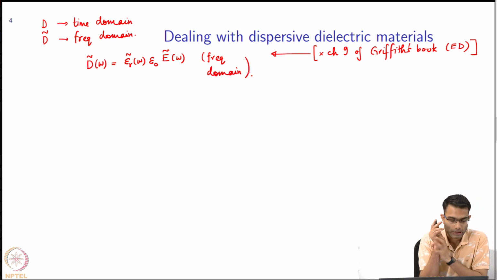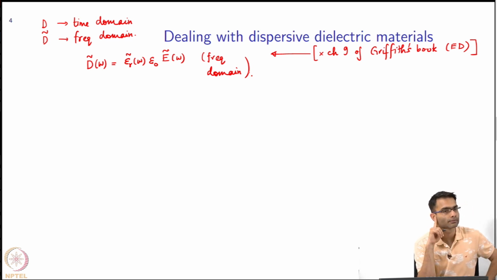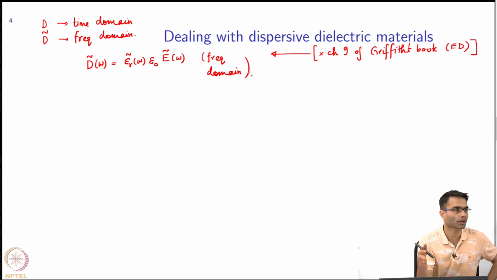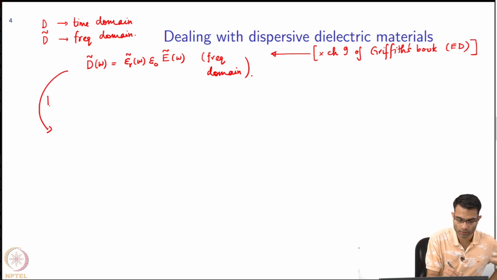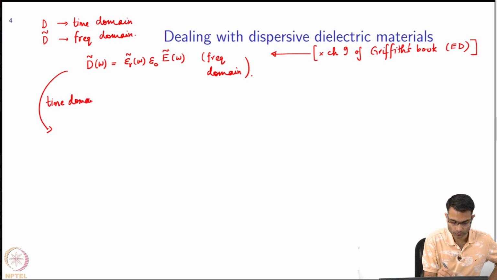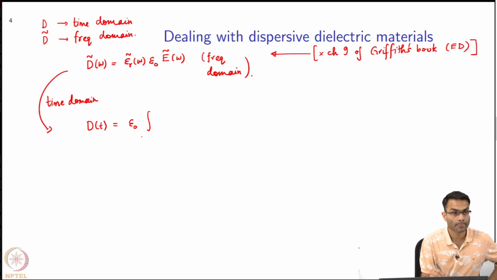Okay. So, as a result of this, what is actually our time domain relation then? Convolution, right? This is a product in frequency domain. So, in the time domain it is a convolution. So, if I go over here to time domain, this will become D of t is equal to, this epsilon naught will come out, the convolution will go from minus infinity to some t, right, same t over here.